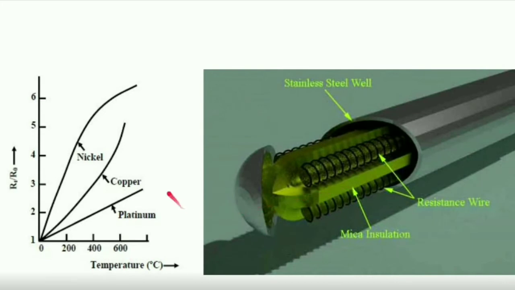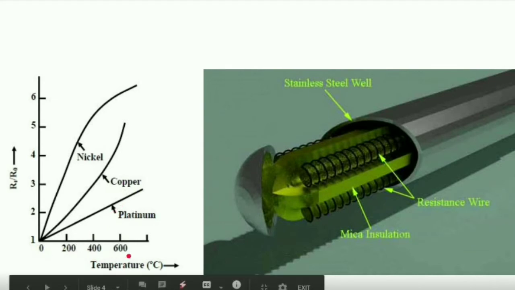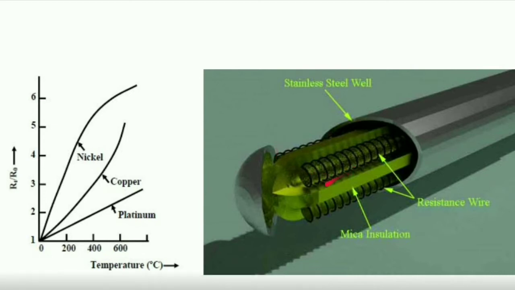And another class of temperature sensors are of resistive nature. As we have read in our class 12, the resistivity of a material increases with rise in temperature. So if we could somehow measure the change in resistance of a wire coil, then we can reverse calculate the change in temperature of that conductor.